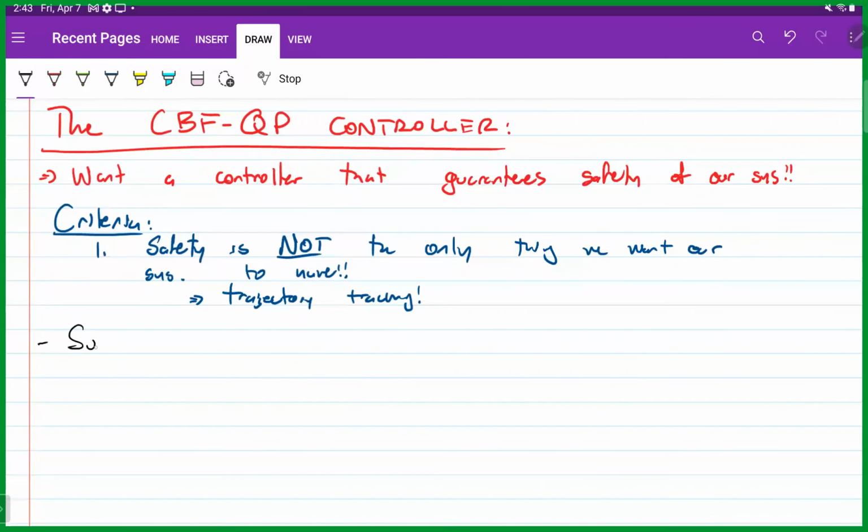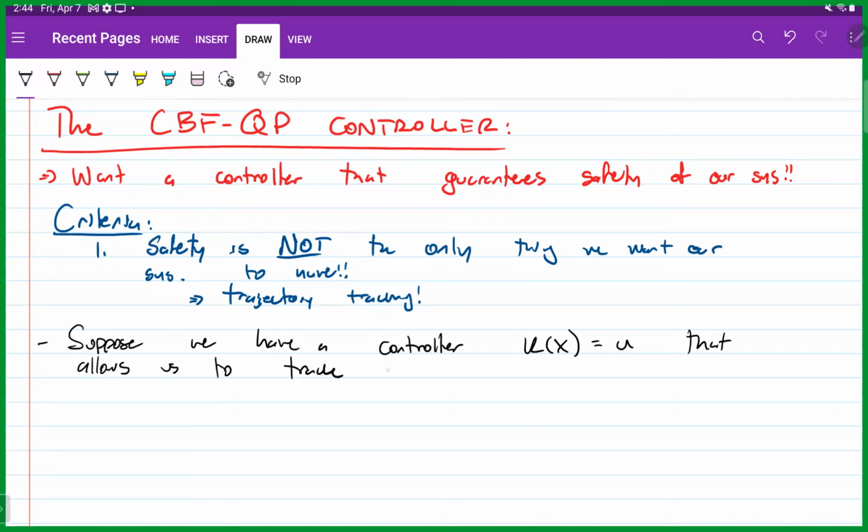So here's what we're going to do. Suppose we have a controller K of X. We put in the current state of our system, and it returns an input to our system. And this controller K of X will allow us to track a trajectory.